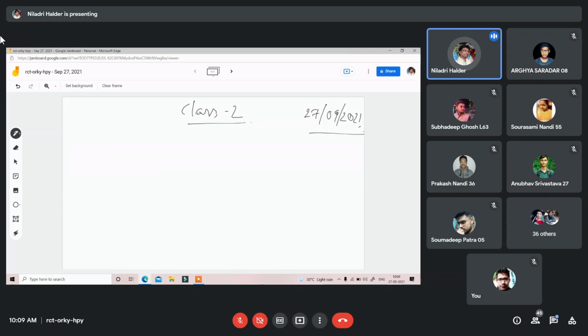So, in the last class, we have seen the basic definition of a signal processing system, why it is needed, and its basic characteristics, and the types of signal, that is analog signal and digital signal.